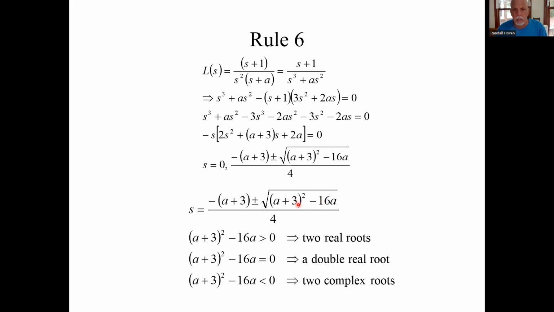If what's in here is real, or if it's greater than 0, I should say, you're going to get 2 real roots at different places. But if what's inside the square root exactly equals 0, you get a double root. And if it's less than 0, you get 2 complex roots. So no break-in, breakout points.